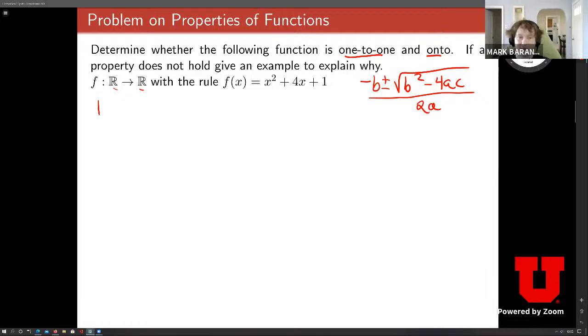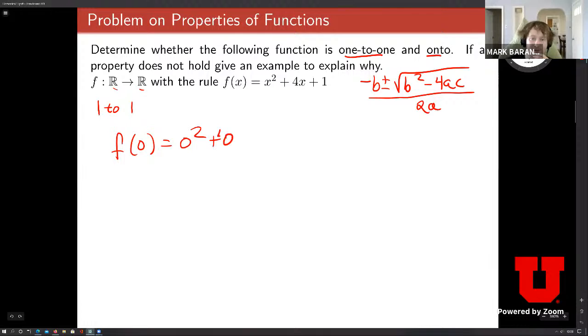Okay, does anyone know if this is one-to-one? So Mohammed says that it's not one-to-one, and his counterexample is that if we take f of 0, f of 0 equals 0 squared plus 4 times 0 plus 1, that's equal to 1.